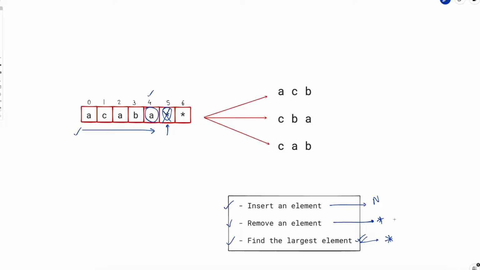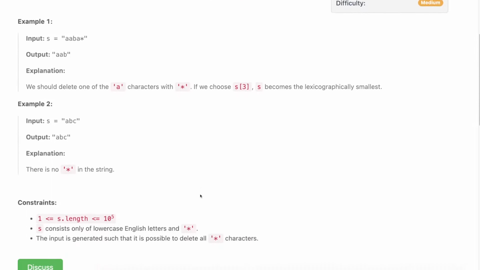So the number of stars can be of the order n at max, and similarly the number of these operations can also be of the order n. So overall all of these operations should be efficient. You can't have a linear data structure that will give you all of this in order n time, because that will make the complexity order n square, which is not sufficient to pass.